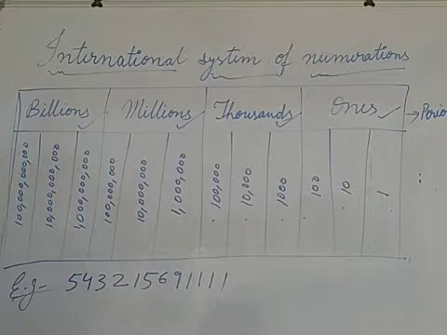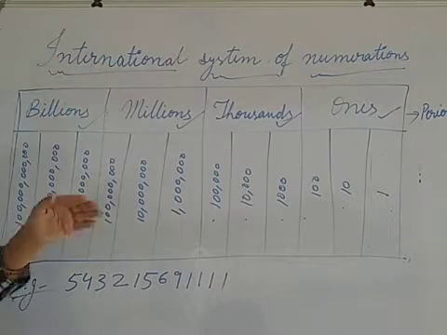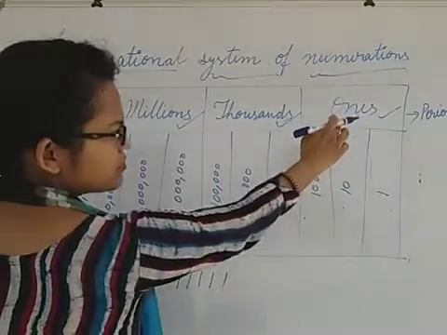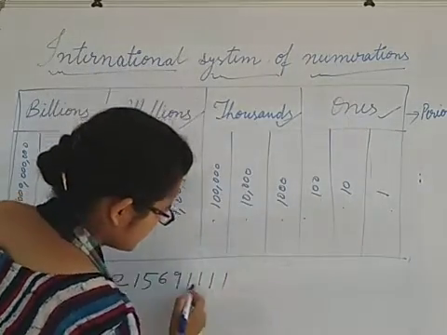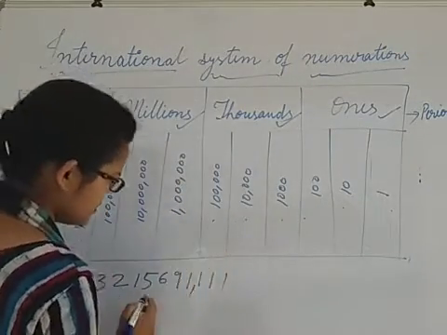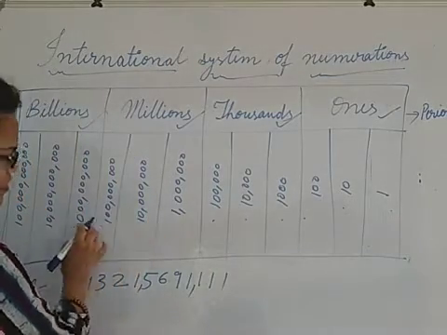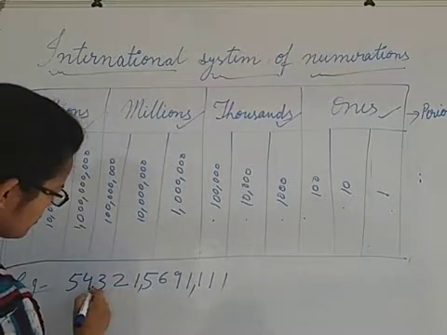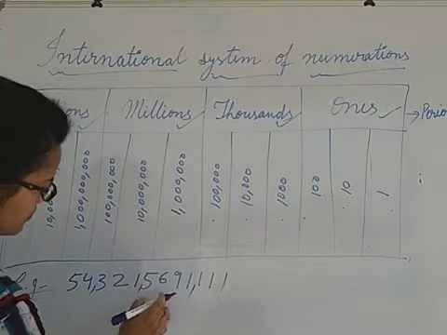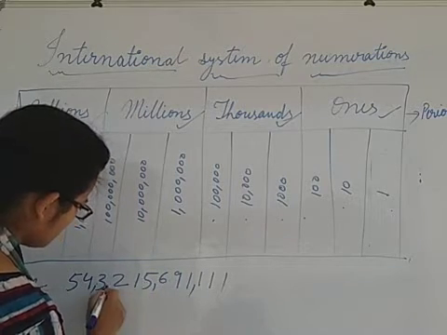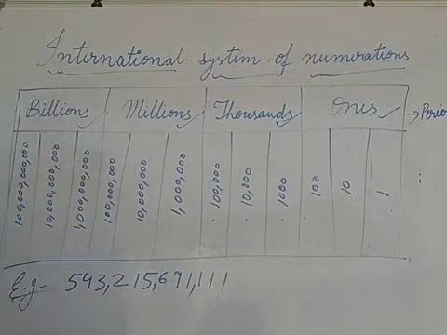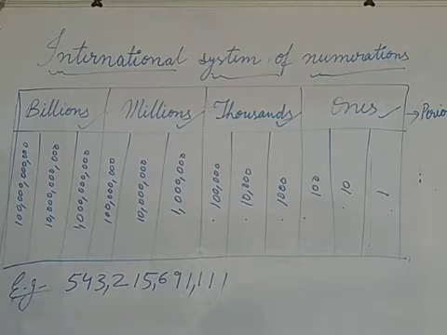We need to write this number in the international system. The first period is ones; after 3 places put a comma, then again after 3 places put a comma, and again after 3 places put a comma.